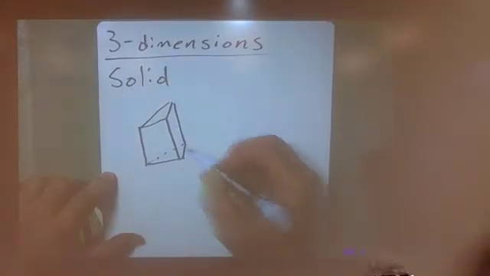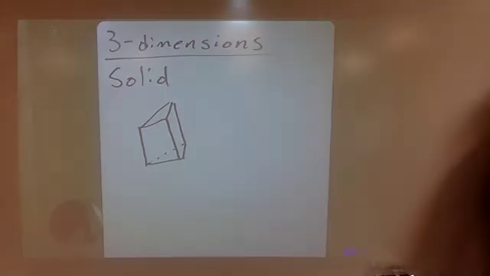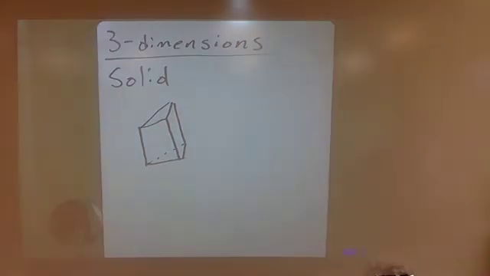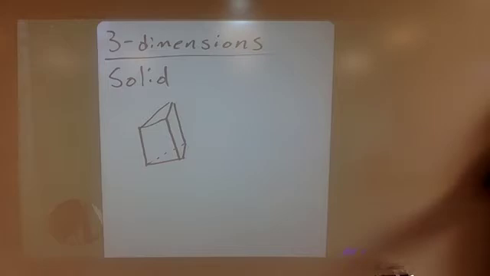All right, that's my triangular prism. A triangular prism has a triangle for a base, a triangle on the bottom, which is a two-dimensional shape, and then it rises up off of the slate and has height, and that's what makes it a prism.